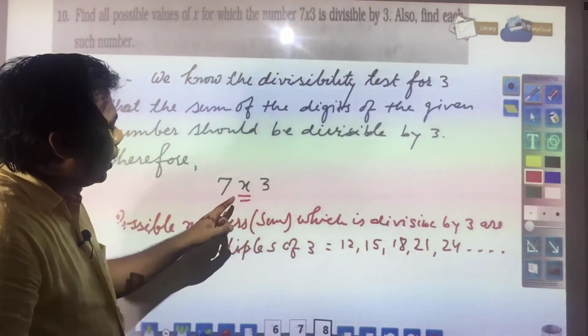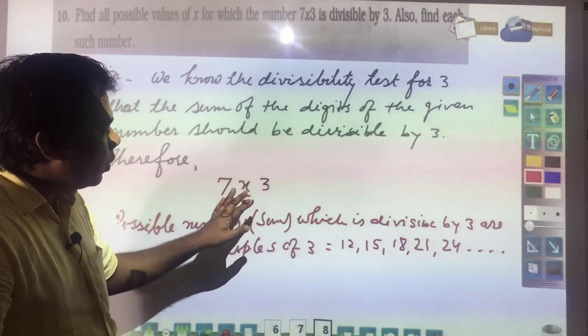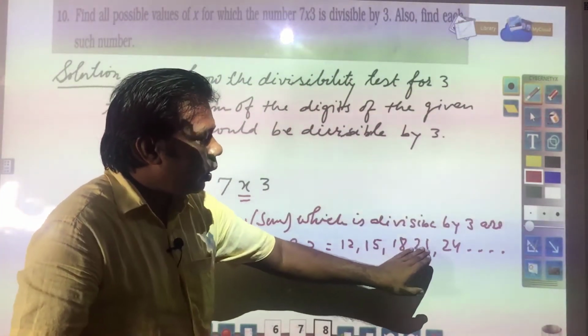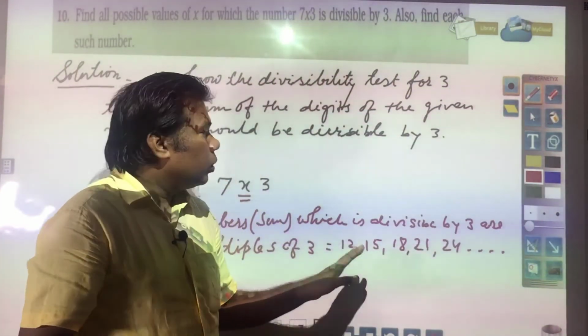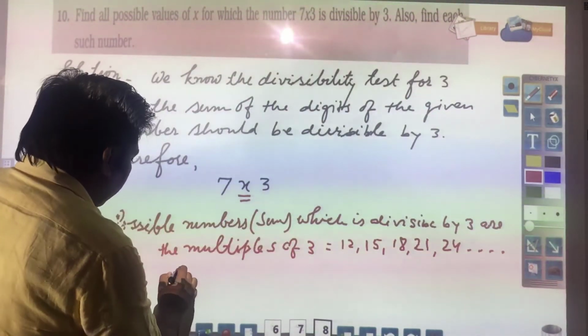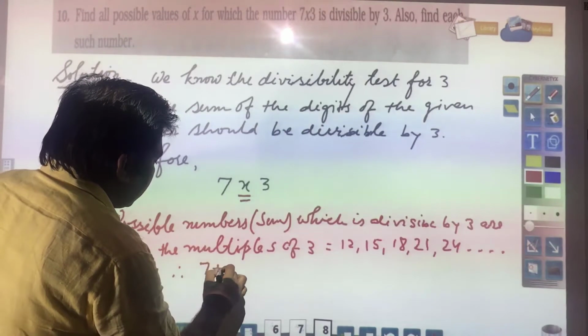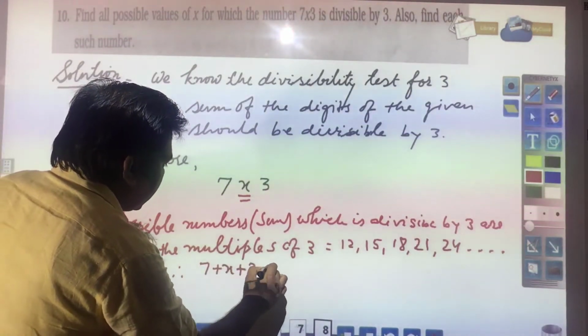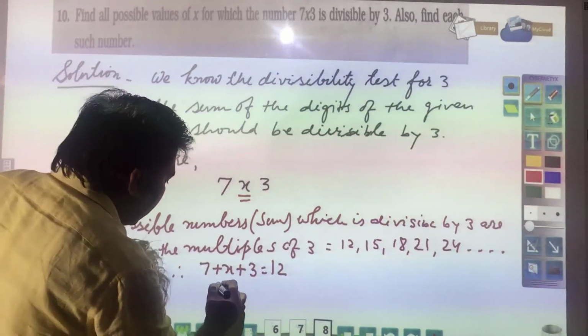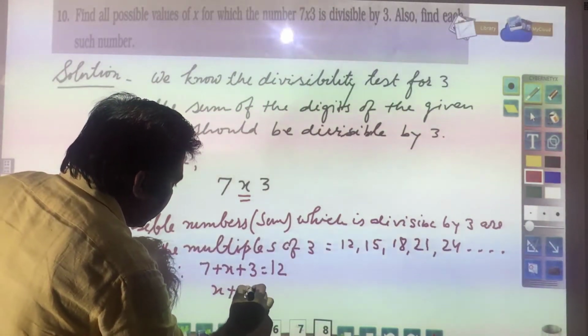So, what value of x should we keep, so that we will get 12 or 15 or 18 or 21 or 24 and so on. So, just you see what number should be kept. Therefore, 7 plus x plus 3 is equal to, we need to put 12 first. So, now you see x plus 10 is equal to 12.